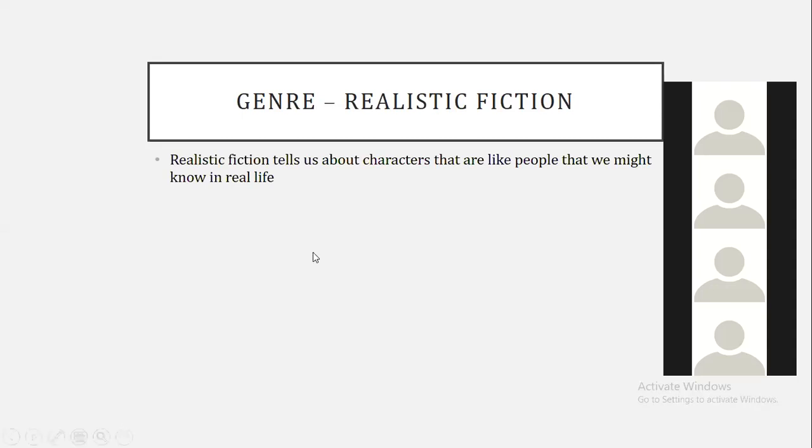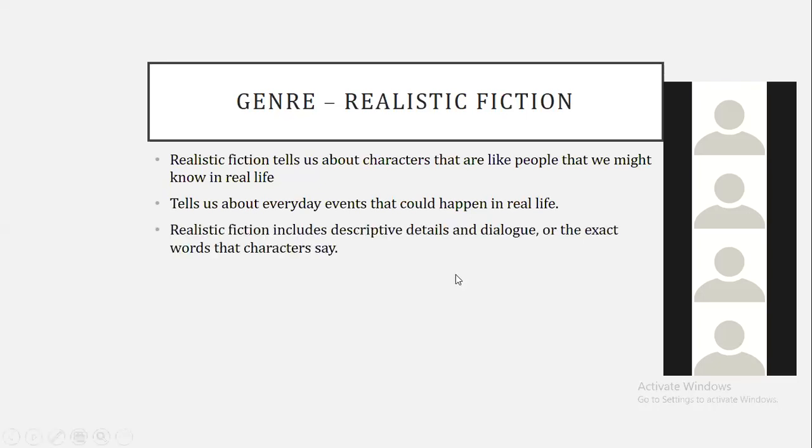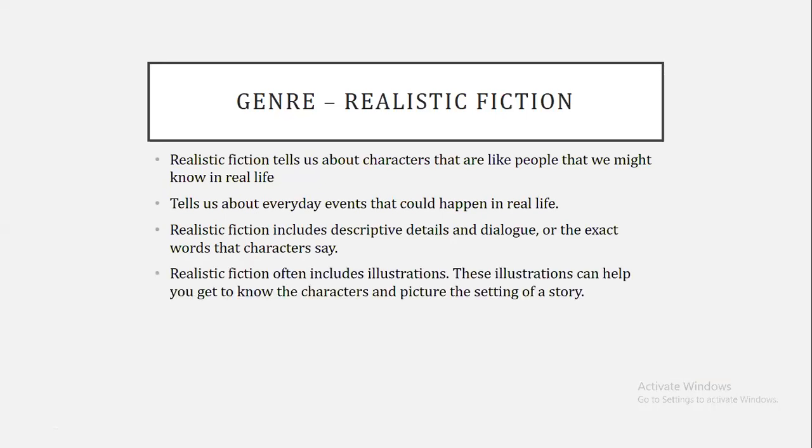It also includes descriptive details. It tells us about everyday events that could happen. Includes descriptive details and dialogue. What do we say dialogue is? Dialogue is the words that the characters say, and this is always written in between quotation marks. And finally, it includes illustrations.